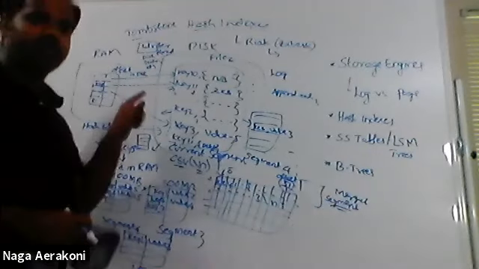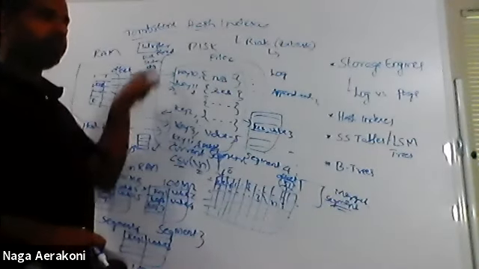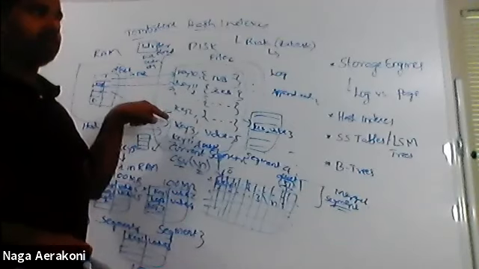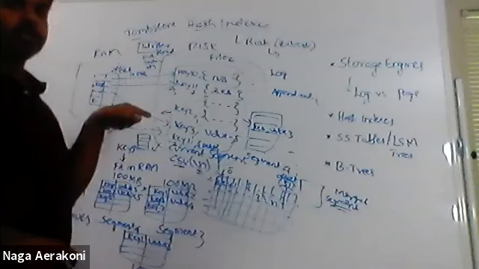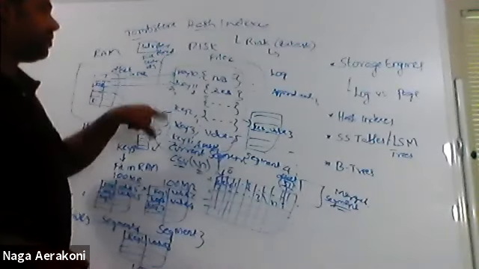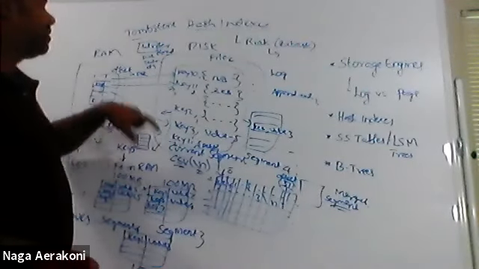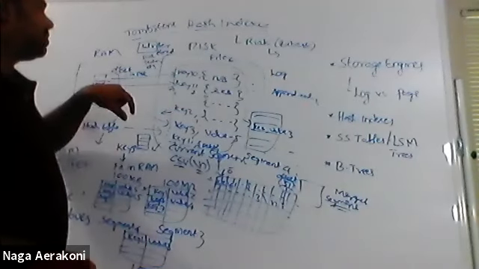Since it's append only, and disks are also very fast when you write data sequentially, the disk speed is higher in this log-structured kind of design. That is how the log structure works.